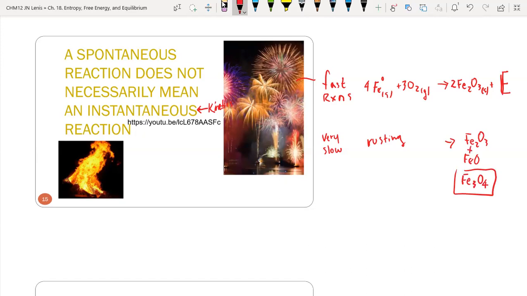This is iron 3 oxide, whereas this is iron 2 oxide, and you have a mixture here of both. So you see, a spontaneous reaction does not necessarily mean an instantaneous reaction. This is a combustion. Combustion is a spontaneous reaction and also a fast reaction.